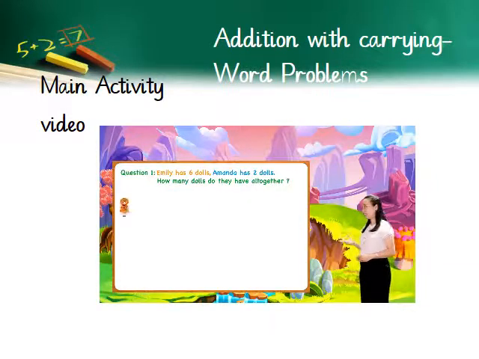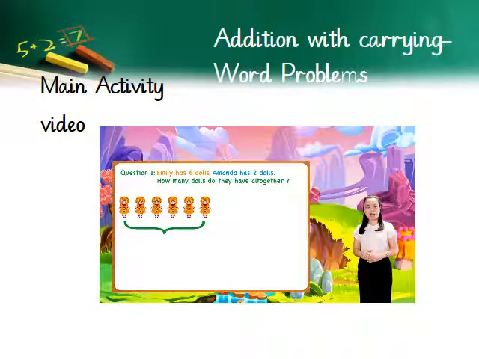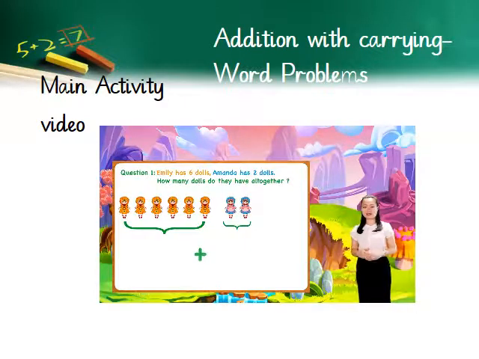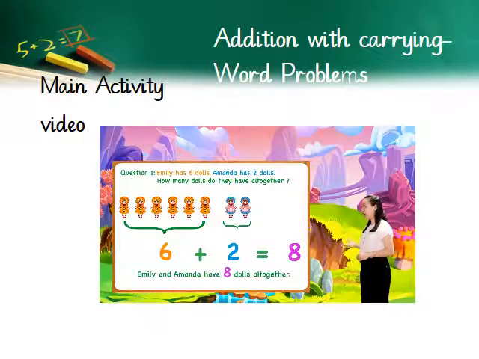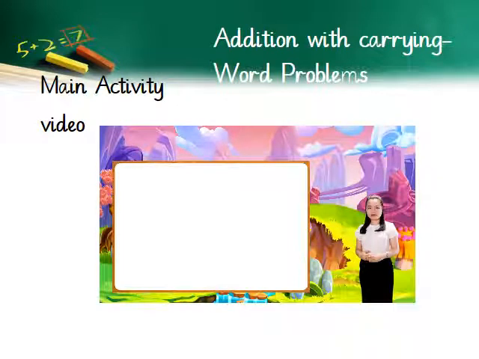Emily has 6 dolls. Amanda has 2 dolls. We add 6 and 2 to find the number of dolls they have altogether. So 6 plus 2 equals 8. We conclude Emily and Amanda have 8 dolls altogether.